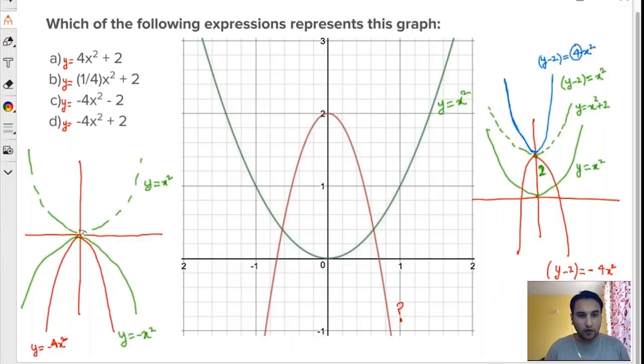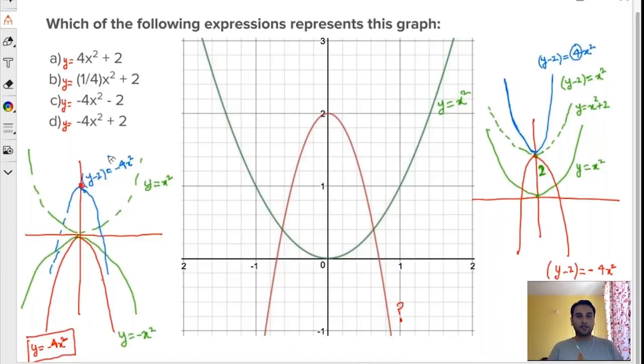Okay. Now I want to push this graph up by 2. How do you push it up by 2? In this, if I do y की जगह y minus 2, it will get pushed up by 2, right? So to push the same red one up, I will make it y minus 2 is equal to minus 4x square.